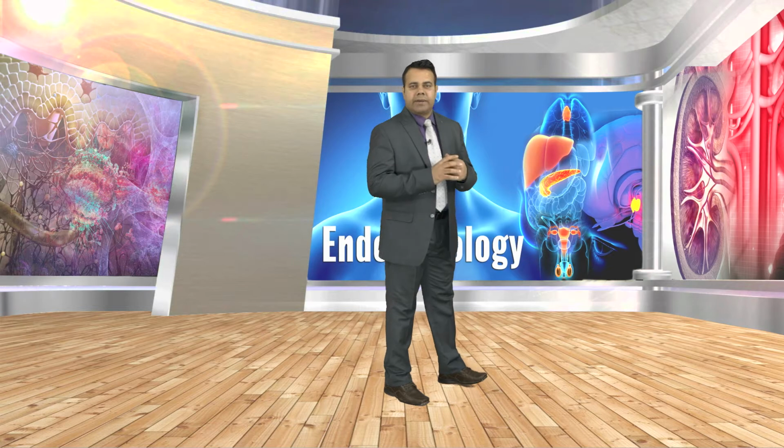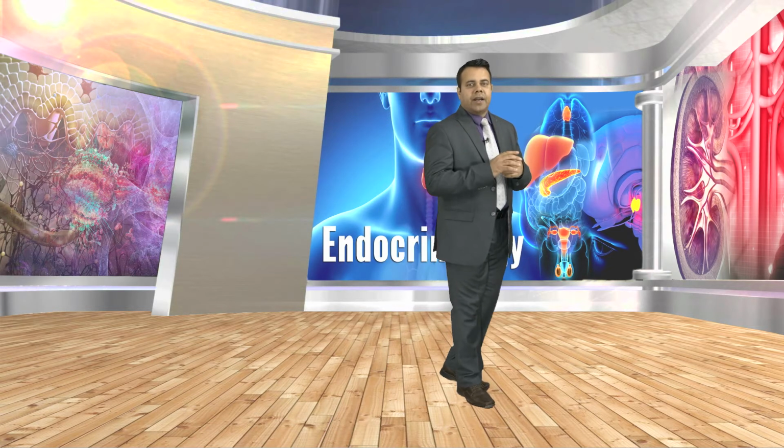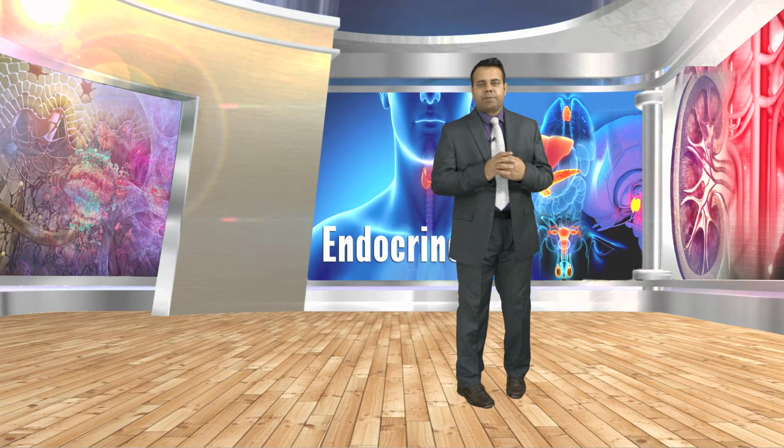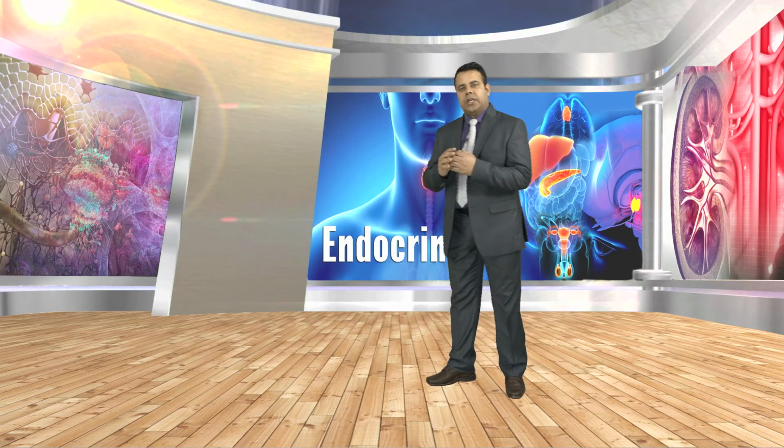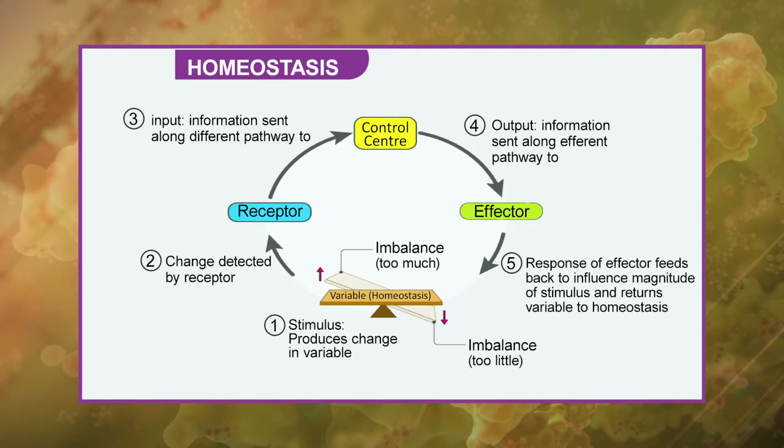They serve to coordinate the metabolic activities of several tissues or organs. They accelerate or inhibit specific physiological processes, and they do not initiate a reaction but can influence its rate of action. Dear students, moving ahead, we will now know why hormones are necessary.